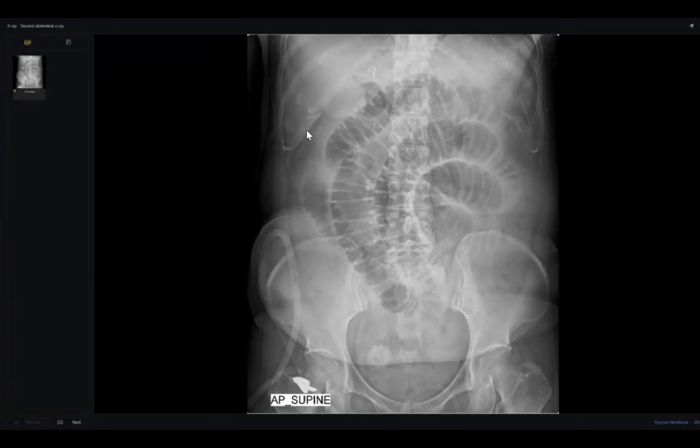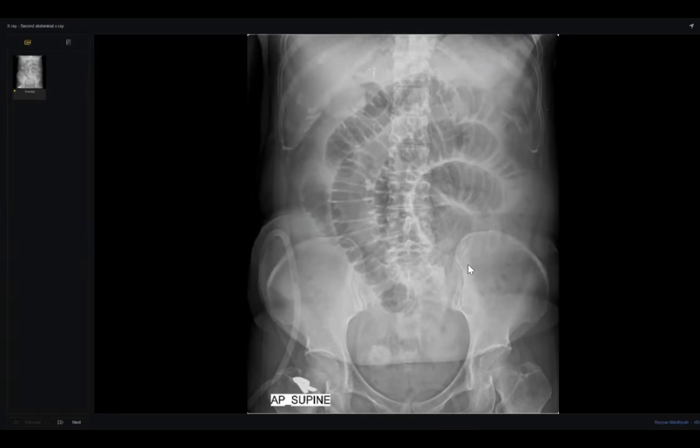I am suspecting if this small bowel obstruction is due to this opacity, for which I will ask the history of the patient. I will correlate it with any previous imaging of the pelvis if it is available.